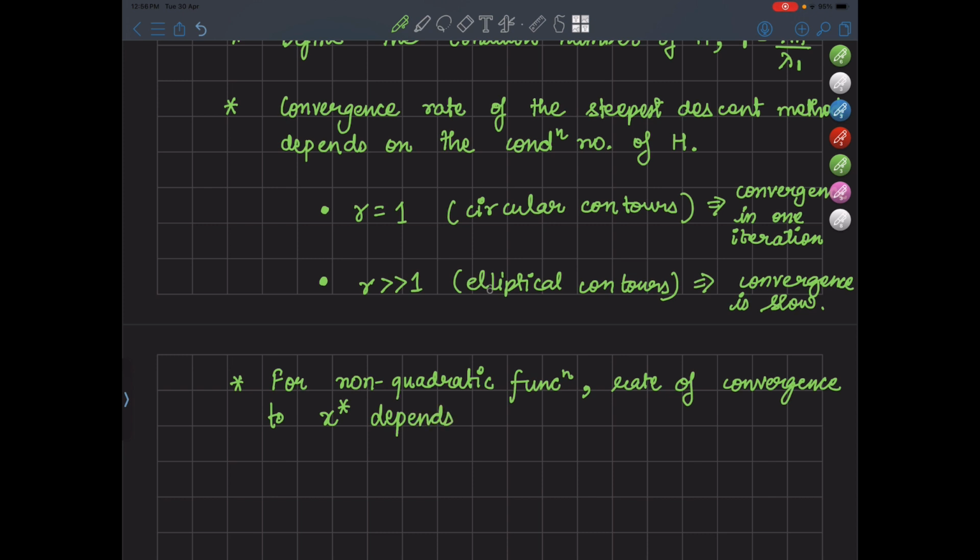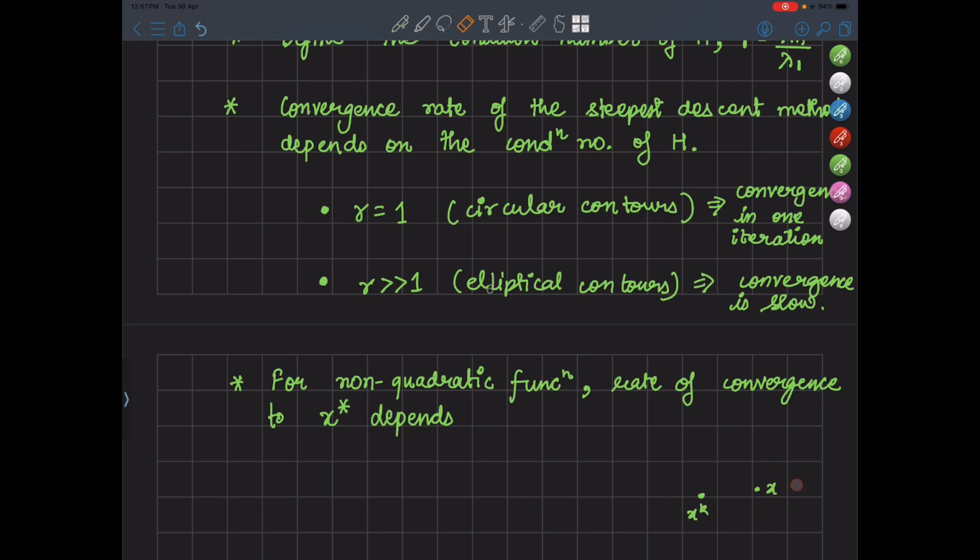Please note, in the quadratic case H is constant. So H is a constant matrix and this rate is a constant, right? But for a non-quadratic function, H will change at every xk. H of xk will be different from H of xk plus 1.